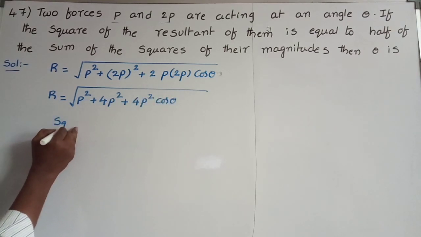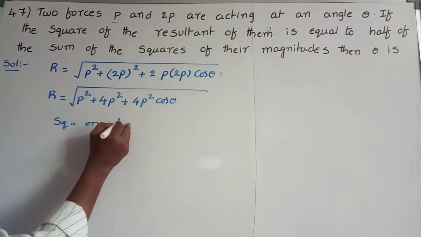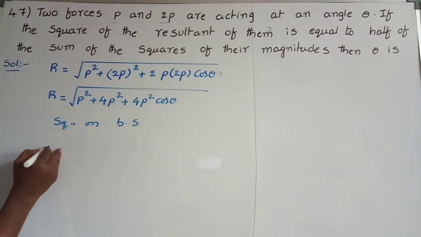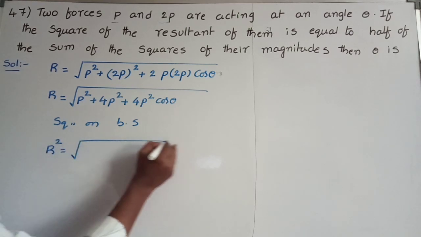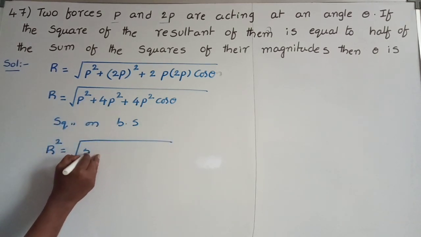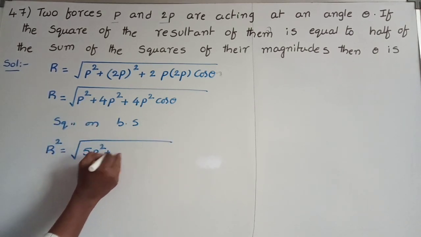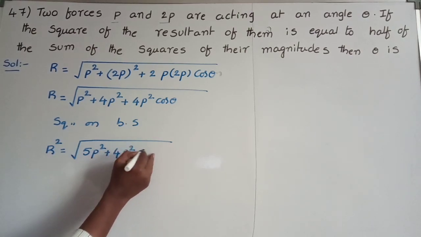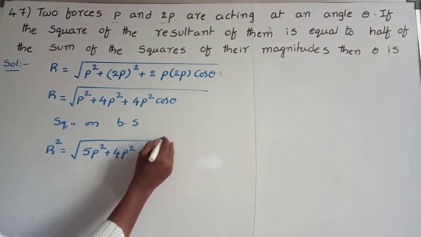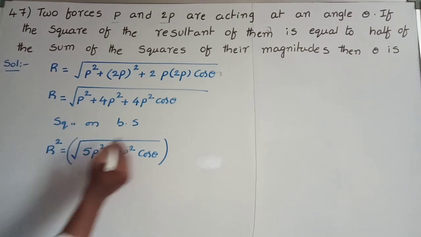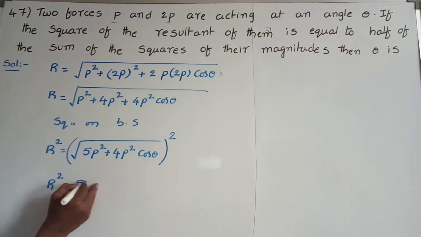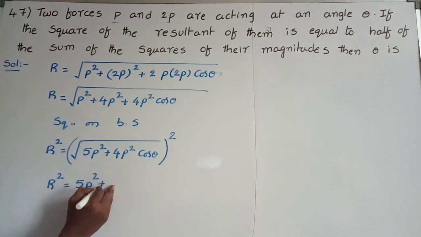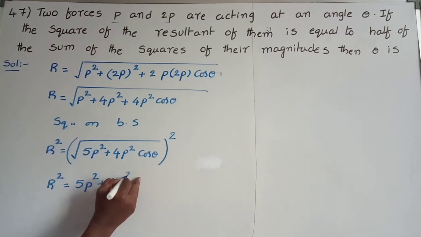Squaring on both sides, then we get R square is equal to under root of 5P square plus 4P square cos theta, whole square. The square and square root get cancelled. From this we can get R square is equal to 5P square plus 4P square cos theta.